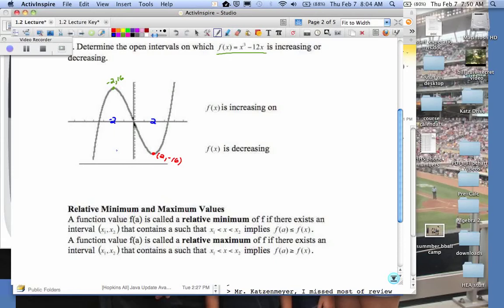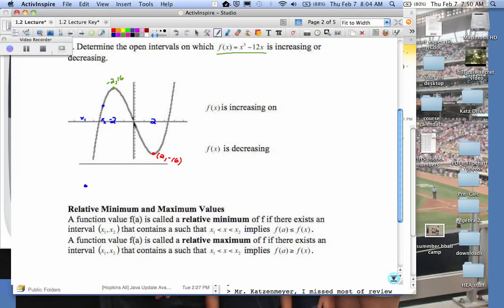So the math mumbo jumbo was, let's pick this to be my first x. Where is the output? Somewhere down here, right? Then we'll pick this x. Its output is up there.